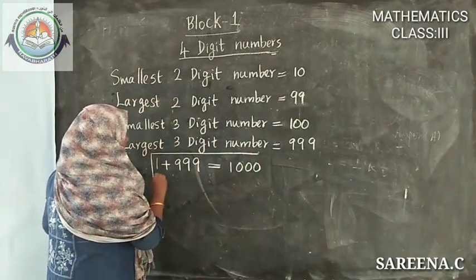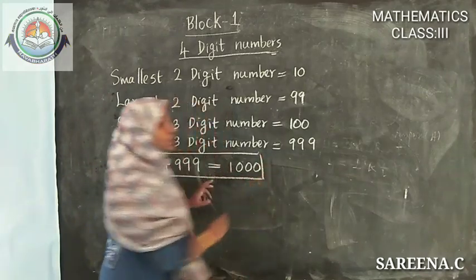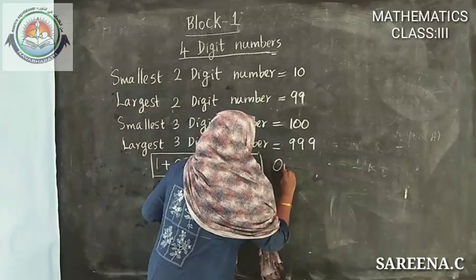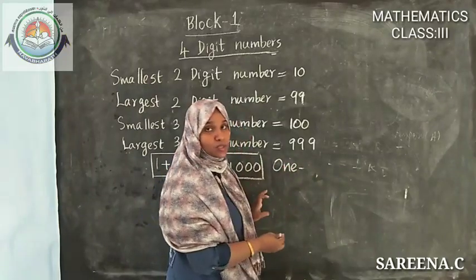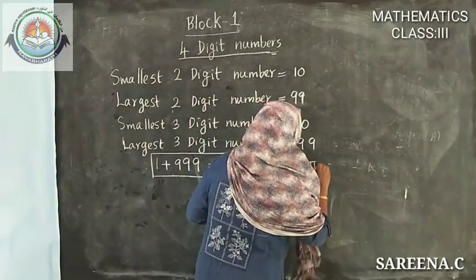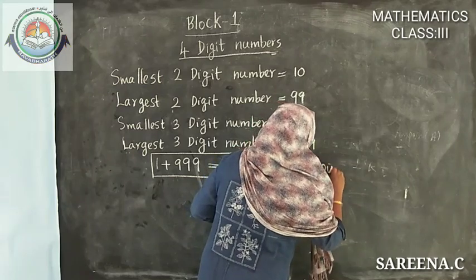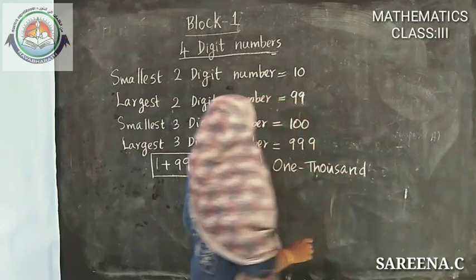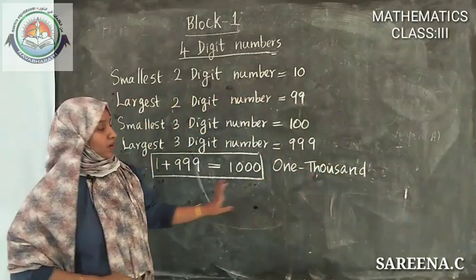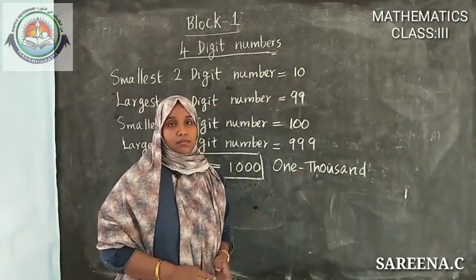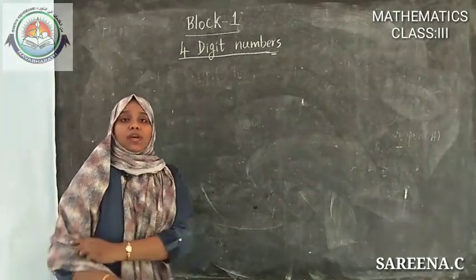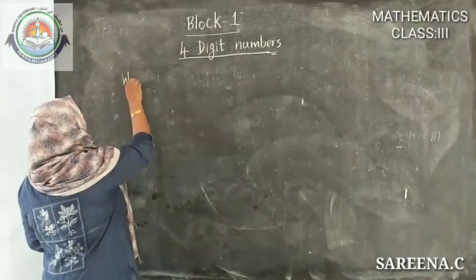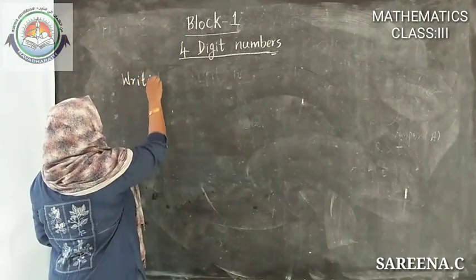This number is known as 1000. The spelling of 1000 is THOUSAND. This is a new number, 1000. Next we have to learn how to write a 4-digit number.